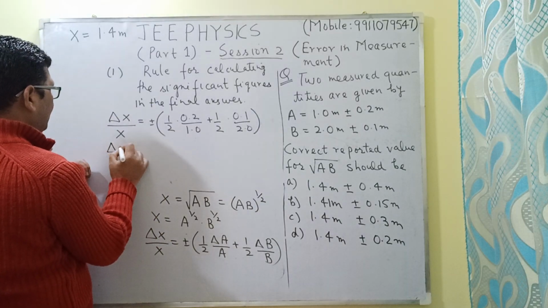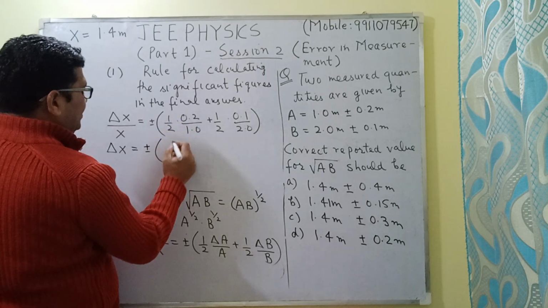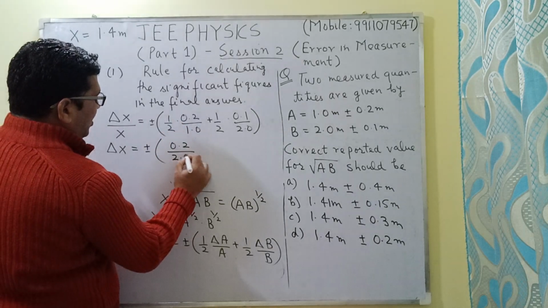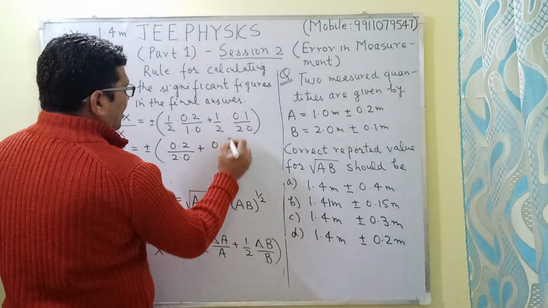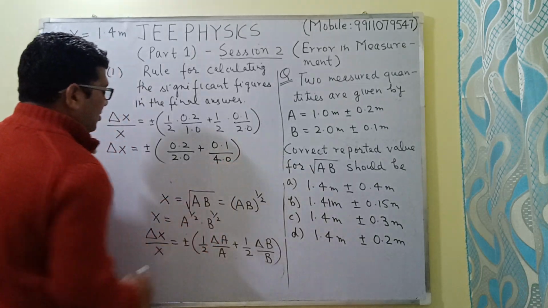So delta x upon x will be equal to plus minus, 0.2 divided by 2.0 plus 0.1 divided by 4.